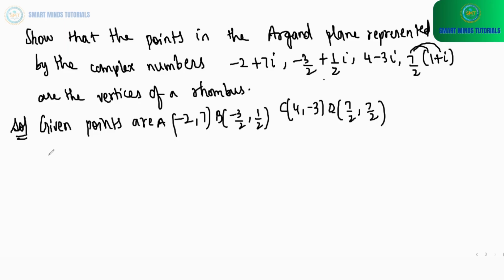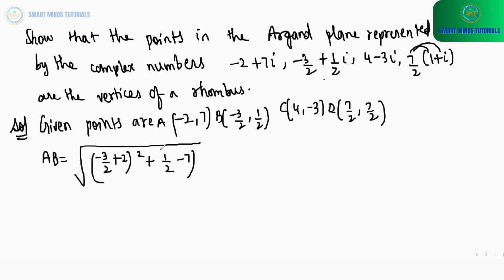Now, as usual, how we found AB, BC, CD, DA in the last problem, we will do the same. So AB is, now here you have fractions, so you need to do it carefully. So x2 minus x1: (minus 3 by 2 plus 2) whole square plus (1 by 2 minus 7) whole square. Now you take the LCM in the bracket.